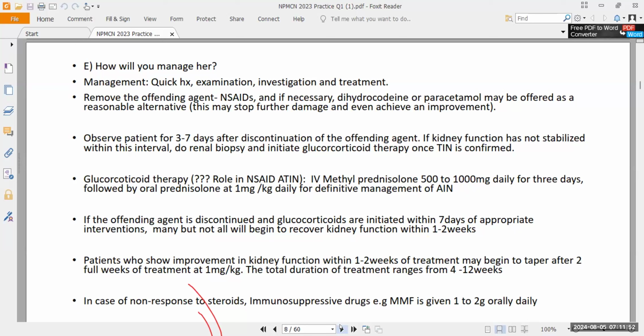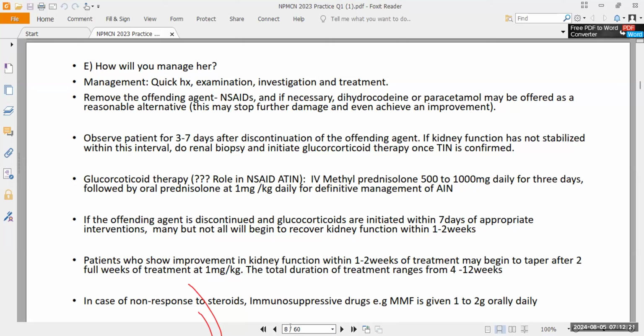Then investigations, I've already mentioned the investigations I'll do. Treatment entails removal of the offending agent. In this case, NSAID, I would stop her NSAID and if necessary, replace it with other analgesics like paracetamol or dihydrocodeine.